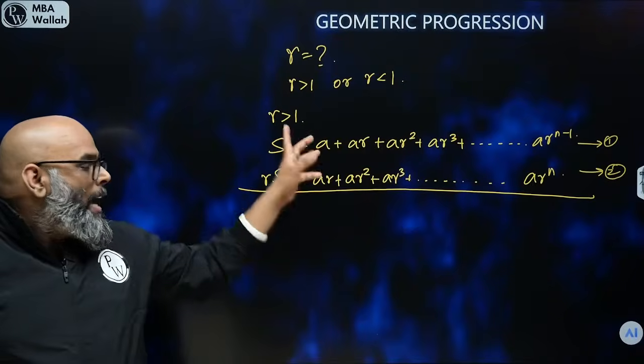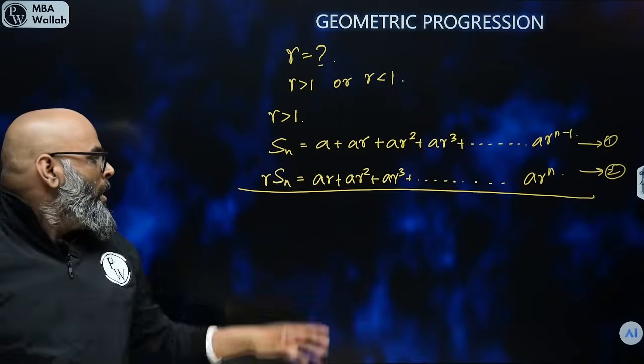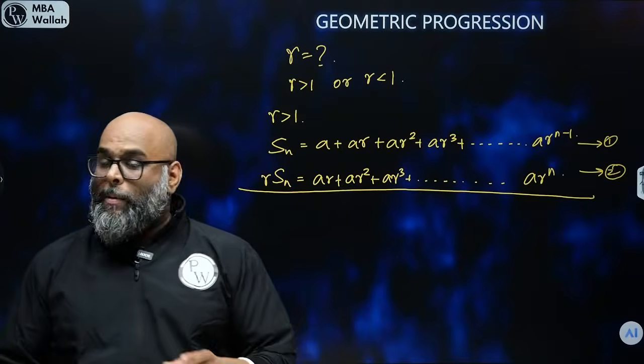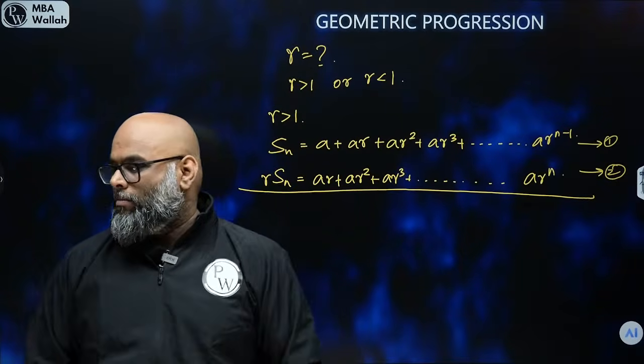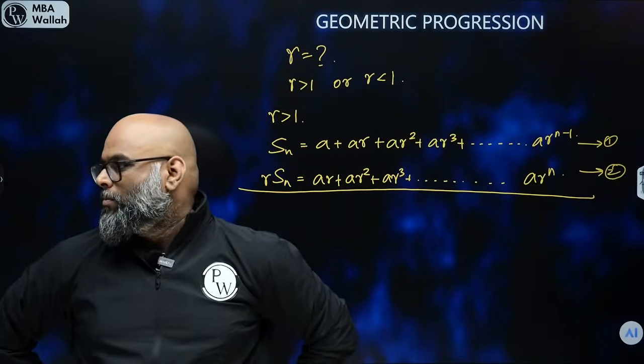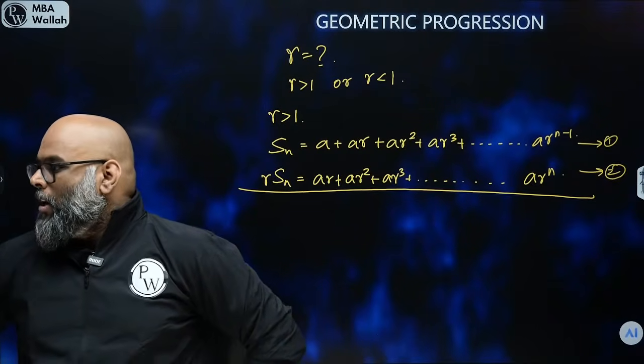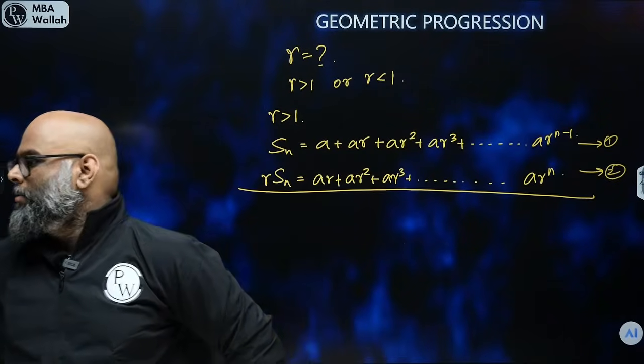Which one is larger? R is greater than 1, I have told you that. This is Sn, this is R into Sn. Should it be 1 minus 2 or 2 minus 1? That's important now. Which one will you do?